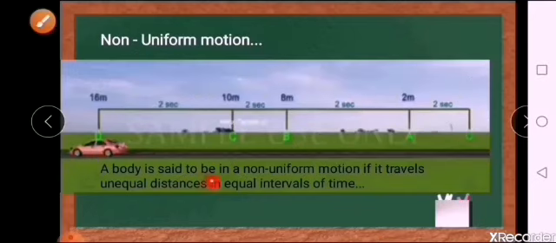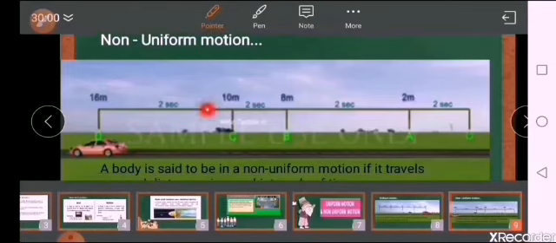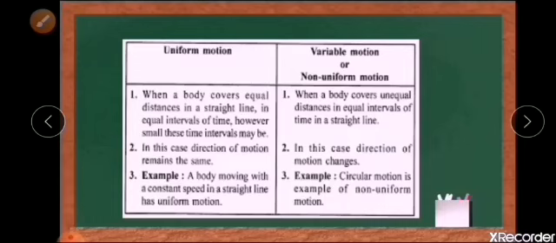A body is said to be in non-uniform motion if it travels unequal distances in equal intervals of time. When you consider uniform and non-uniform motion, the time interval remains the same, but for uniform motion, distance will also be the same. For non-uniform motion, distance will be different. Right? Hope it is clear for you.